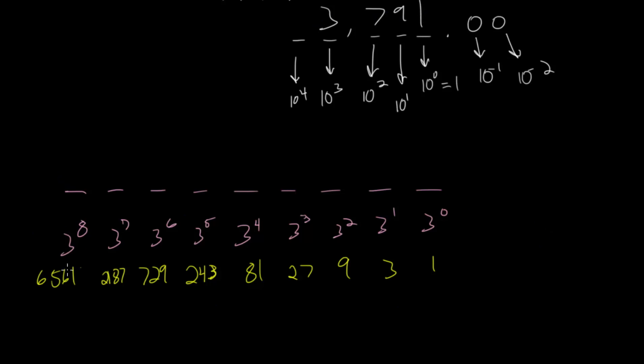Now, when filling in these buckets, we have 3,791. And this 3 to the 8th place, this is bigger than what we have. So that is not a bucket that we can fill. We can put a 0 there. But we can fill this bucket at least once. If we tried to fill it twice, then that would be too big. That would be roughly 4,300 something.